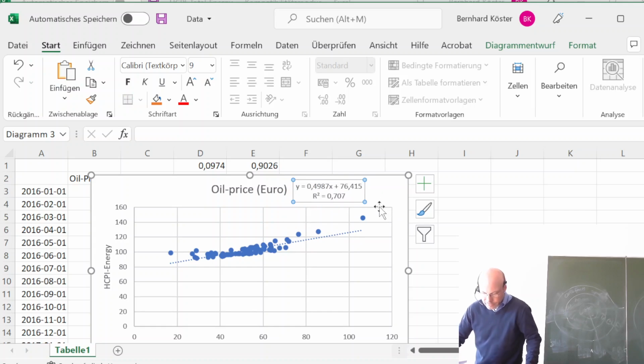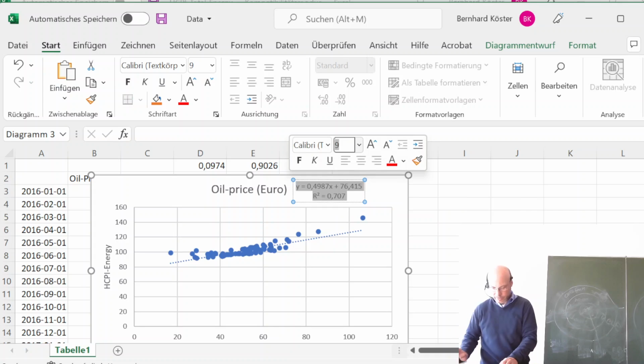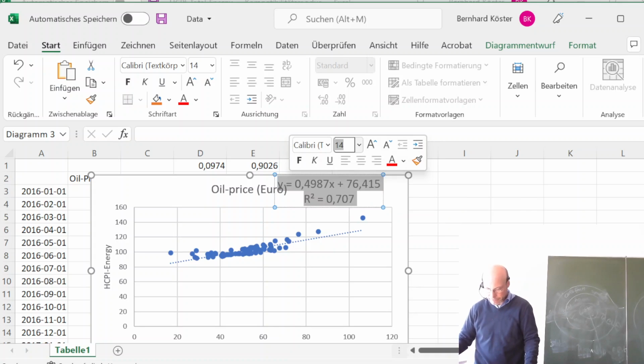And there we have 0.5 roughly plus x plus 76 with an R squared of roughly 70%, and that is not too bad in the correlation.